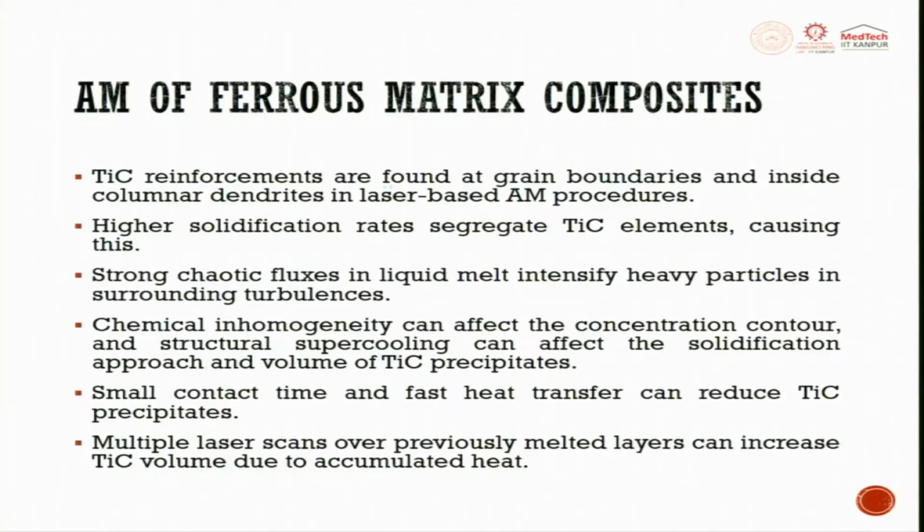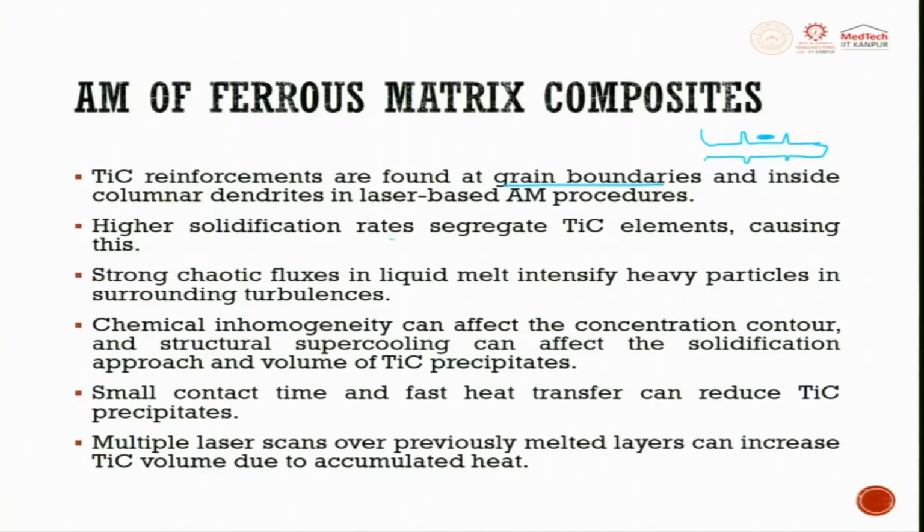TiC reinforcements are found at the grain boundaries and inside the columnar dendrites in laser-based additive manufacturing. So, columnar dendrites are dendritic structures which are formed; these dendritic structures grow and in between maybe TiC will be formed.